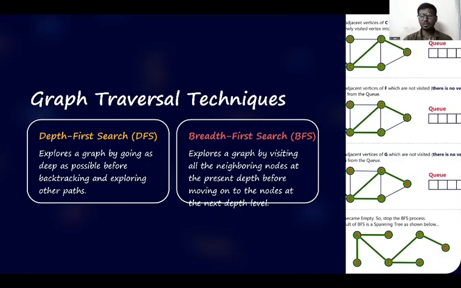Trees have some techniques like graph traversal techniques. There are two types of techniques: depth first search, commonly called DFS, and breadth first search, commonly called BFS. The main difference between DFS and BFS is that depth first search goes in the depth way, nothing but deep, and breadth first search goes level wise.